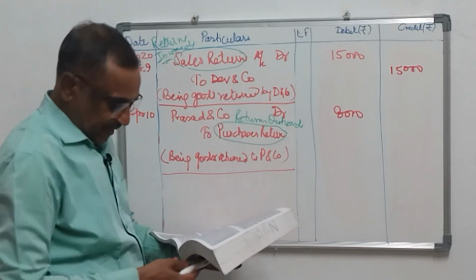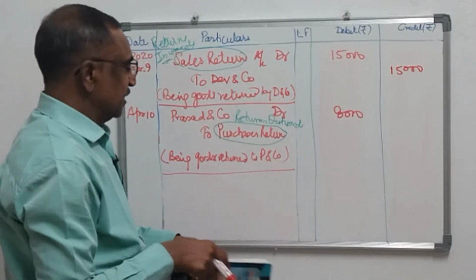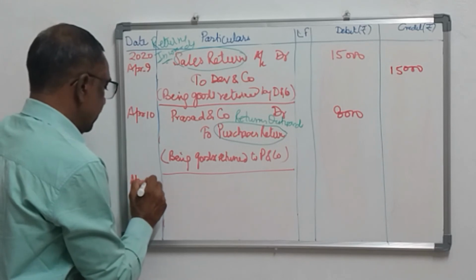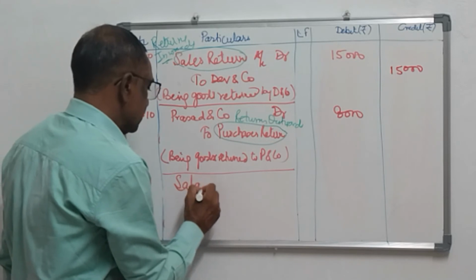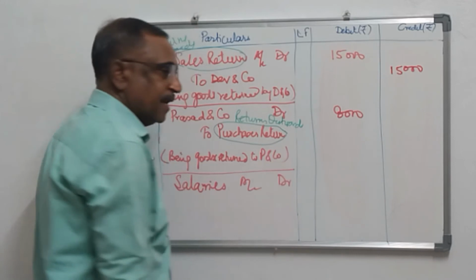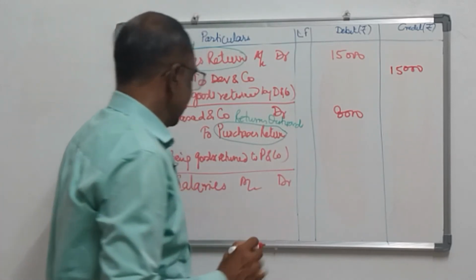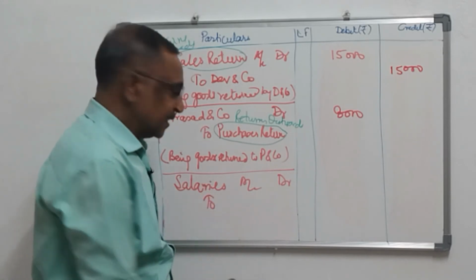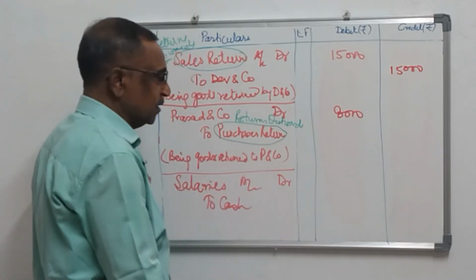And last is paid salaries 15,000 on April 11. April 11, you paid salaries. Salaries is an expense, and expenses are debited as per the rule of nominal account, and you are paying salaries in cash. Cash is going out. What goes out? For real account.